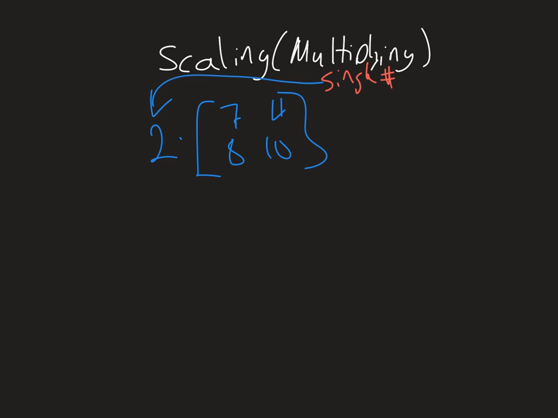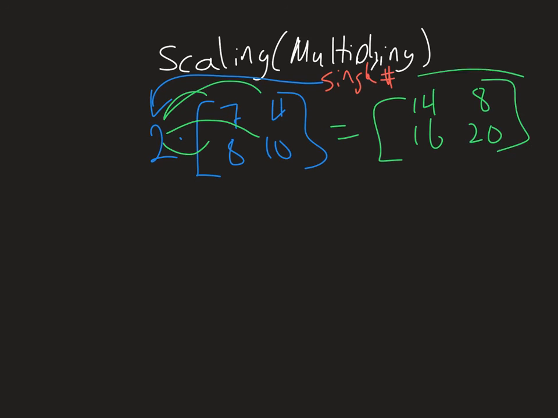And in this case, that single number would be 2. And I would do this similar to the addition. Basically, I'm going to distribute this 2 to every single number in here. So I'm going to double everything. Or I'm going to scale it up. If we think about scale factors in geometry, it's the same kind of idea. And that's something we can do with a matrix.